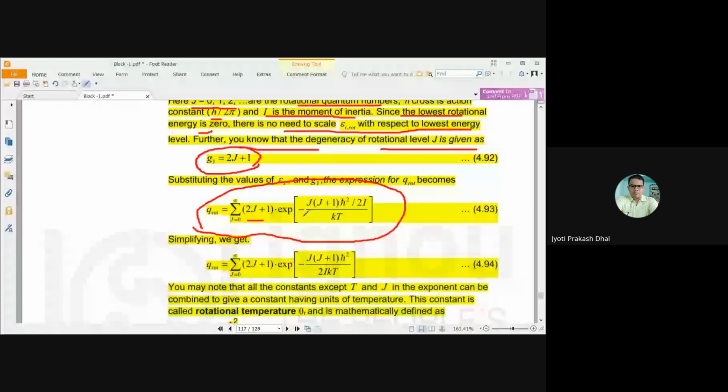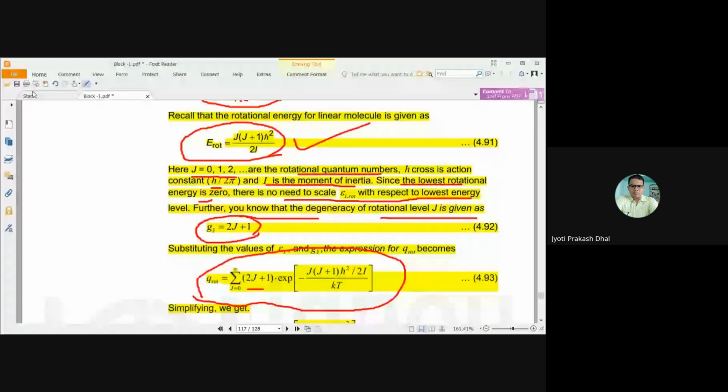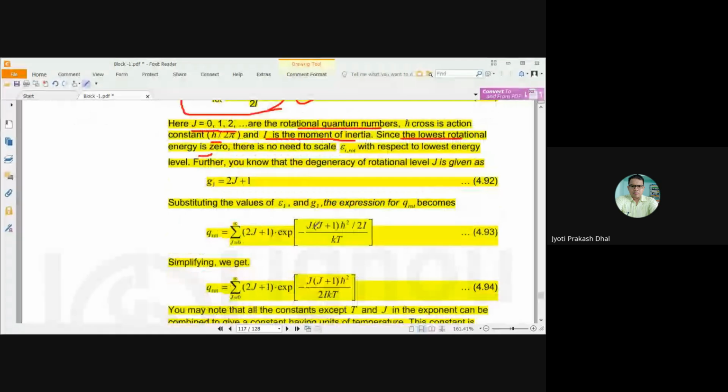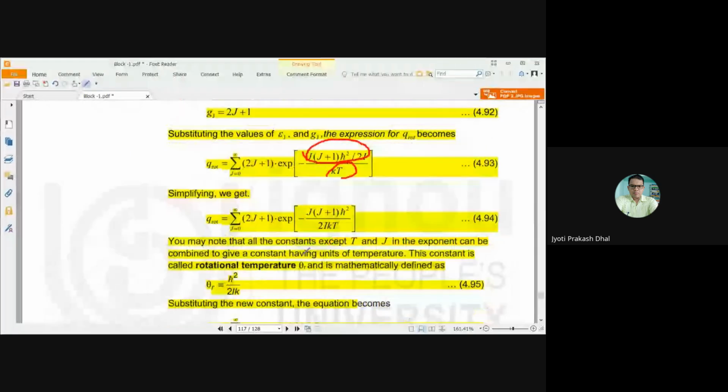So here we are putting the value of epsilon_i rotational in place of epsilon_i rotational, we are putting this value divided by kT. And simplifying, we are writing the expression.